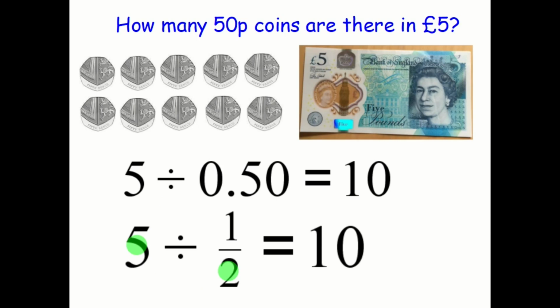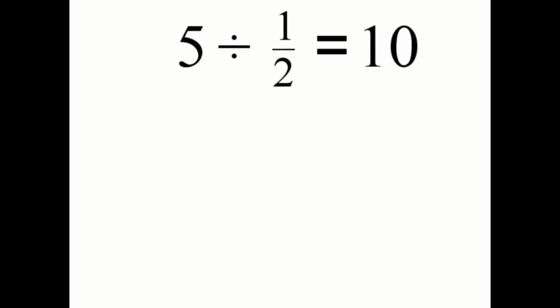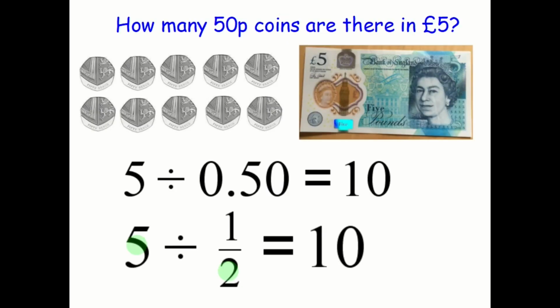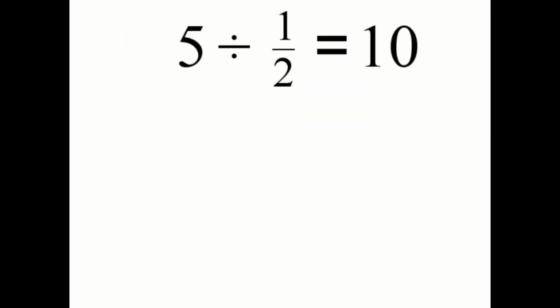Why is this important to dividing fractions? Because it's a really important rule, the keep, swap, flip rule. We've just had that question, 5 divided by half is equal to 10. In other words, how many 50p's are there in £5? But how do we get the answer 10? We decided that we were multiplying this number by this number to get this number.